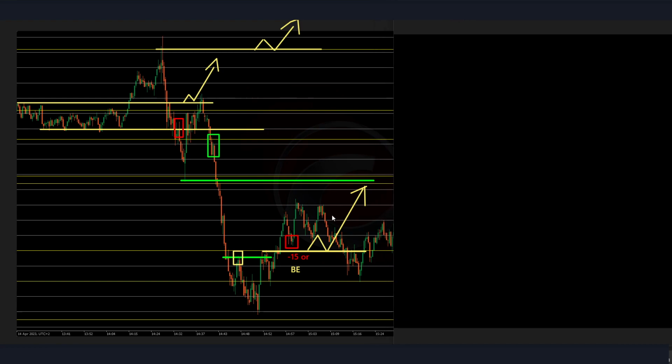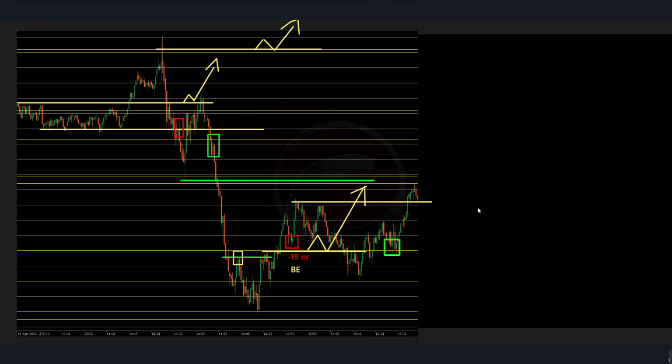We are staying above this level, which might look interesting, I would say. Yes, that's actually very interesting. And then further continuation up. Let's see, we might also have the retest of this level.